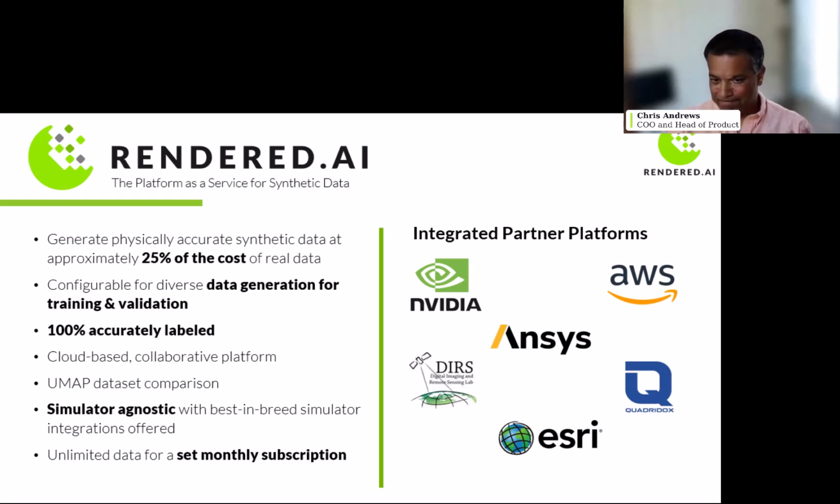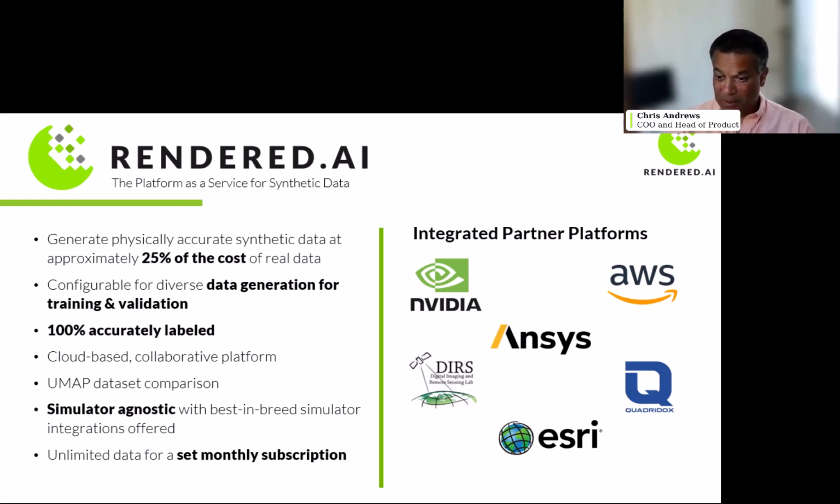ANSYS, massive multi-billion-dollar company that does engineering simulation tools. Quadridox is a Duke spinout that builds X-ray hardware, and then they built their own novel X-ray simulator to emulate their specific hardware configuration.